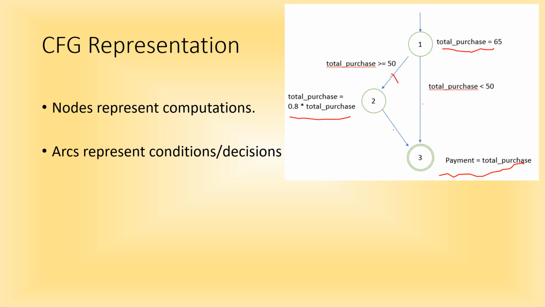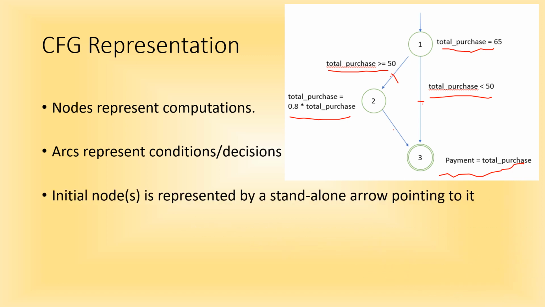For example, this arc represents the condition that the total purchase is more than or equal to 50. There is no computation going on here, only a comparison, and a condition is getting tested. In the same way, this arc represents the condition that total purchase is less than 50. Again, no computation, only a condition is getting tested.